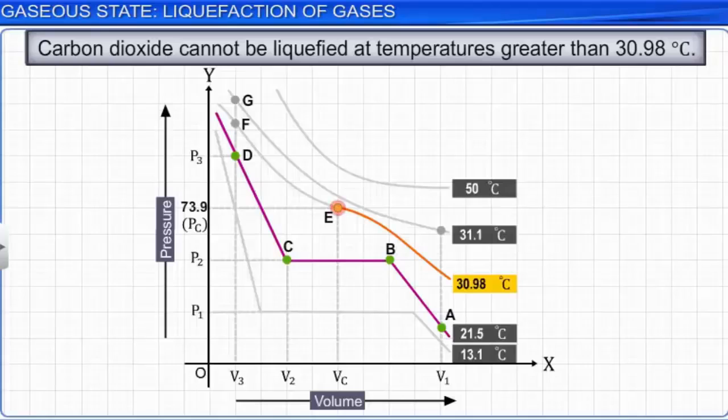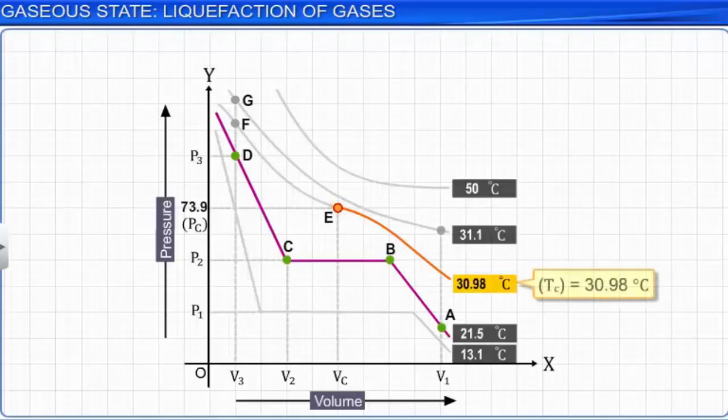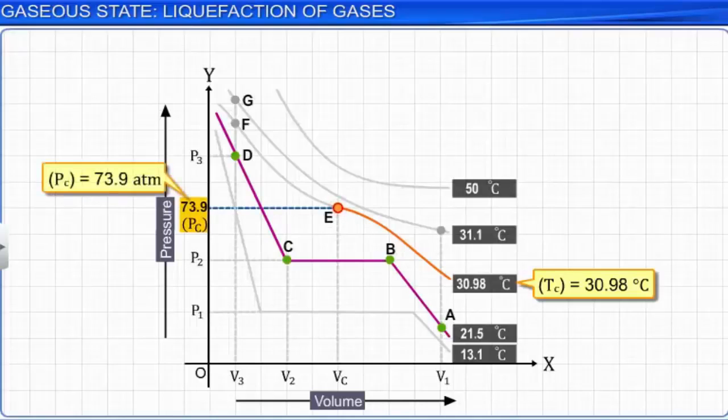So the critical temperature of carbon dioxide was found to be 30.98 degrees Celsius, while the critical pressure Pc is 73.9 atmospheric pressure and the critical volume is 95.6 milliliters.